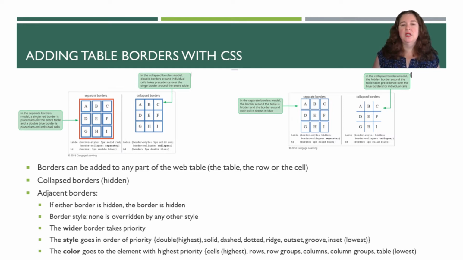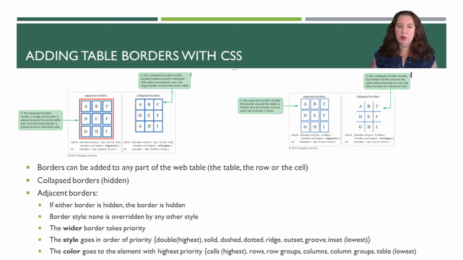So by default, if you have adjacent borders, so if you have two borders next to each other, if either border is hidden, both borders are hidden. There is no border if you hide one of them. If the border style is none, it'll be overridden by any other style. So if I have one that's a none and one that is a 2-point, the 2-point will supersede or take precedence.